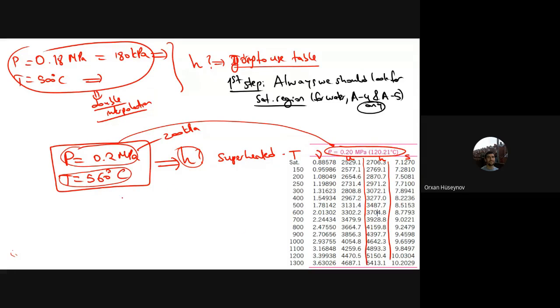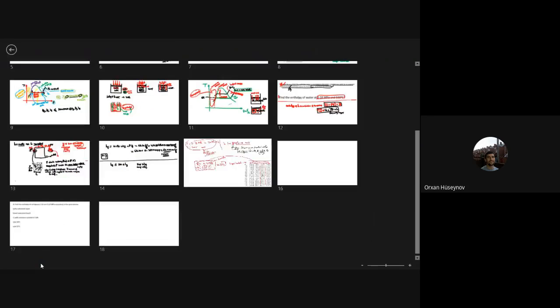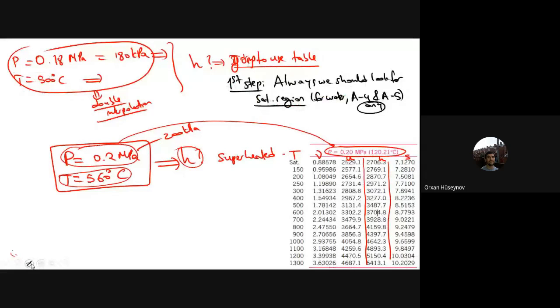And I'm looking for 560. I have 500 here. I have 600 here, but I don't have 560. Now I will do the linear interpolation that I think you should know from material science. Let's do it together.